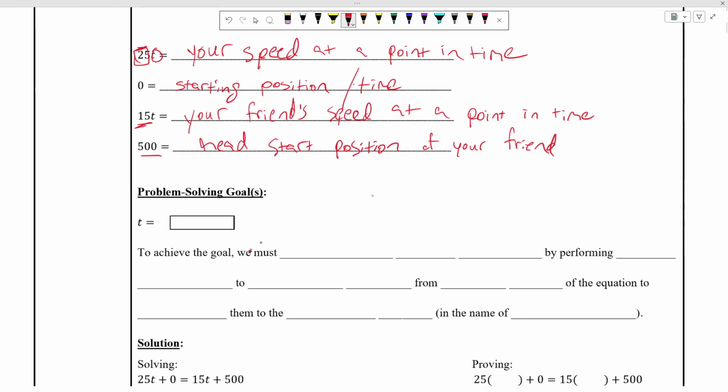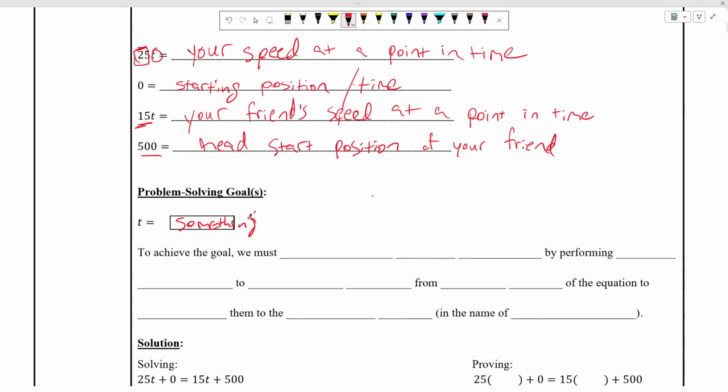So what is our goal here? Let's keep our goal in mind as we take this real life scenario, this word problem, and build a mathematical model from it. What is the goal though? It is simply to answer the question that was posed to us. When will they pass each other up? So in other words, our t has to equal something. We don't know what right now. That's what we will find out soon enough.